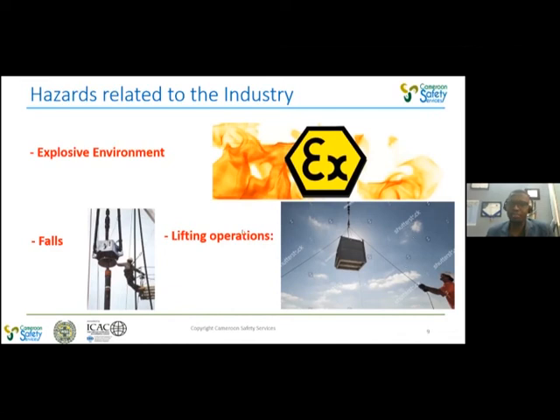So all these precautions have to be taken if there is to be lifting operations. Also, if the area where the lifting operation is taking place is not properly barricaded, there is a high chance that someone might come in contact with a dropped object.